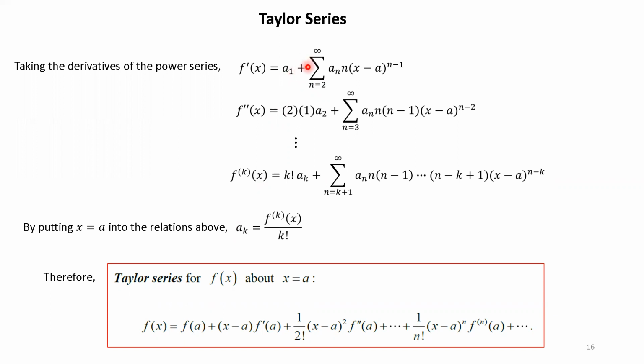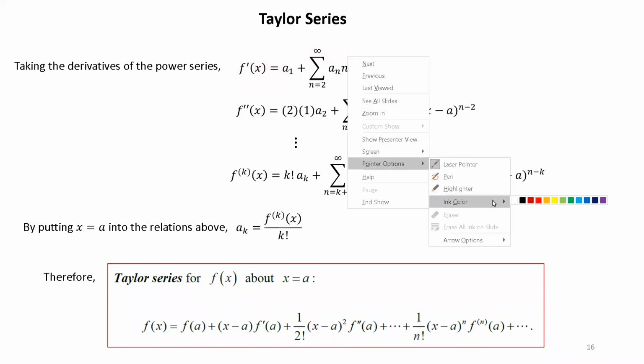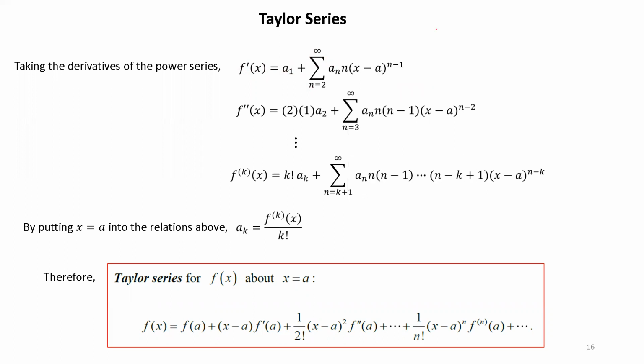Now again, I require that when I put x equals a, the left-hand side is just f prime of a. And the right-hand side would be a1 plus this sum, but again I have this x minus a over here, so this sum is 0. So then the right-hand side would be just a1.